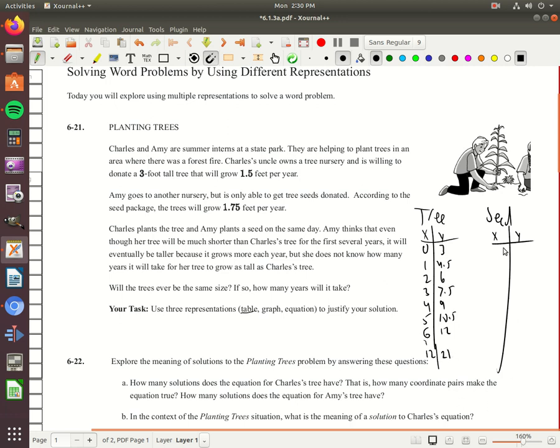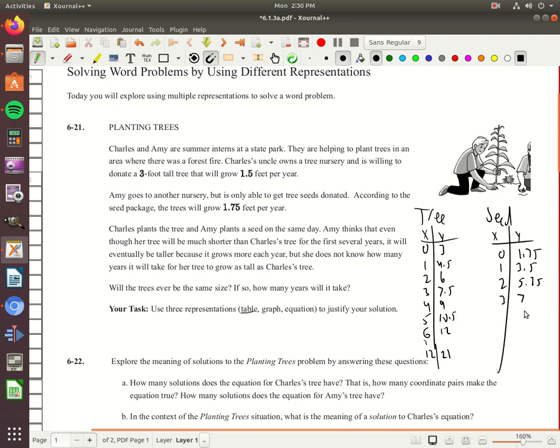Okay, the seed is 0, 1.75, and then in year 1 it would be 3.5, and then in year 2 it would be 5.25, in year 3 it would be 7.